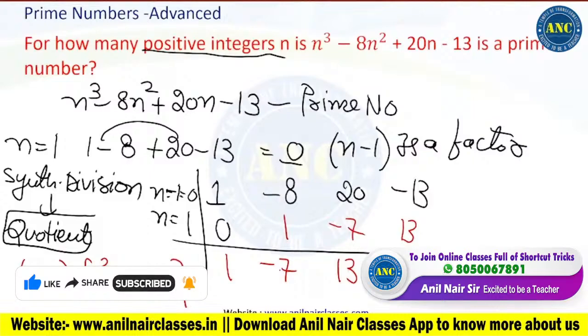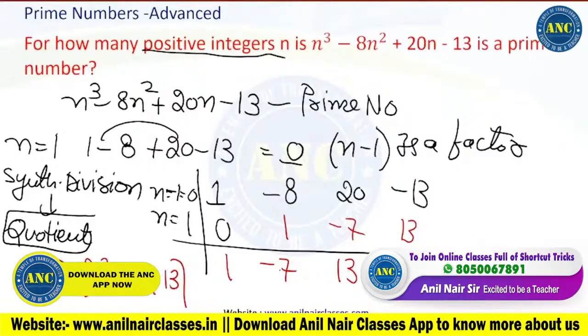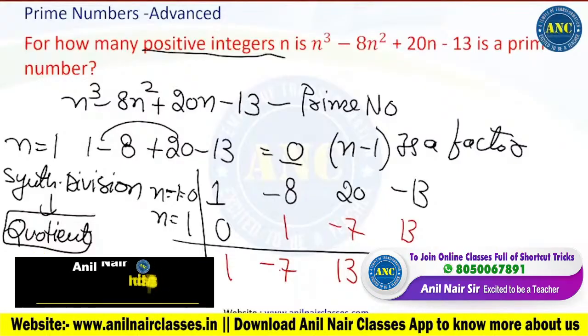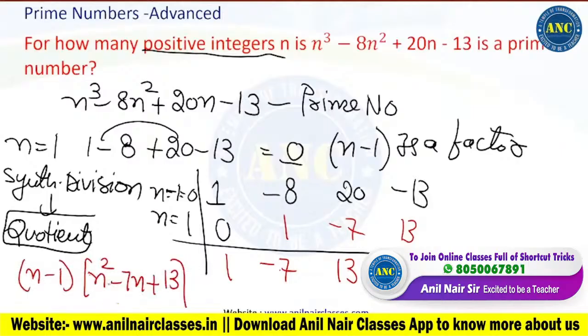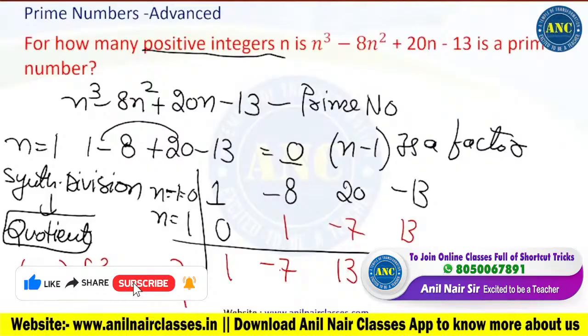Now let us check whether this expression is right. n into n square is n cube, minus 7n square, minus n square gives minus 8n square, 13n plus 7n gives 20n, minus 13.